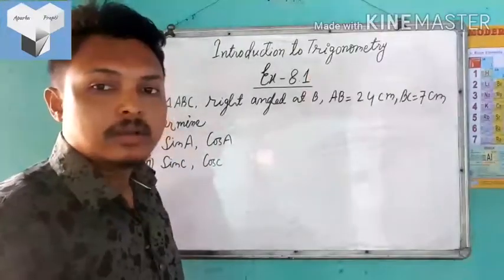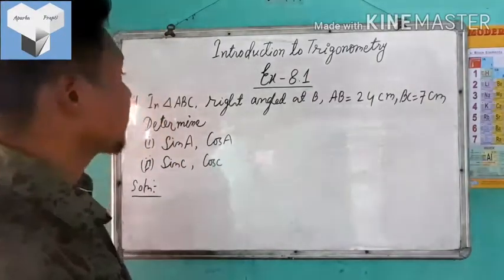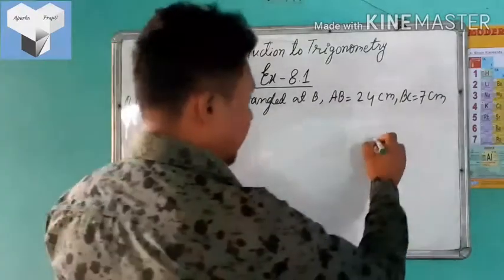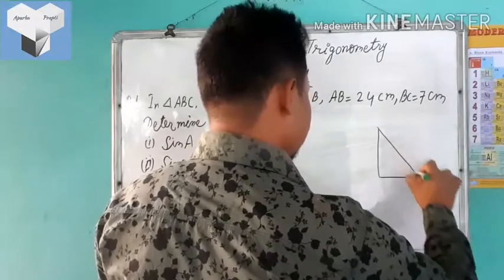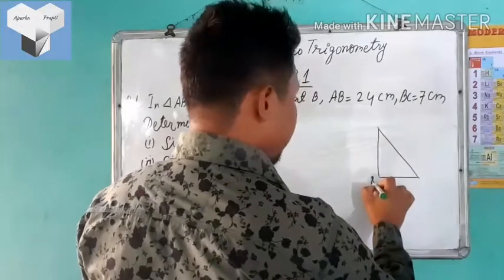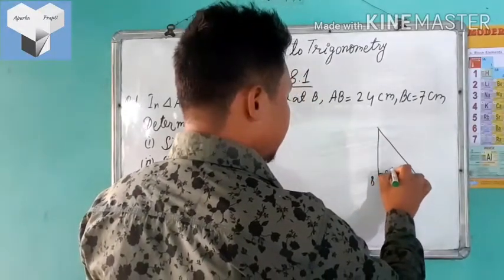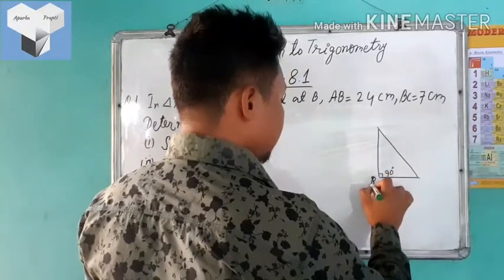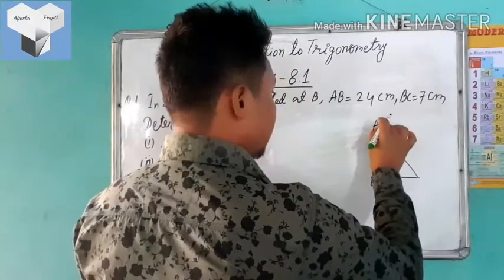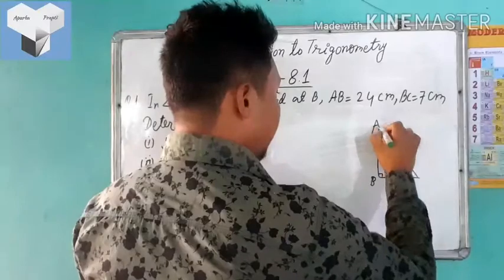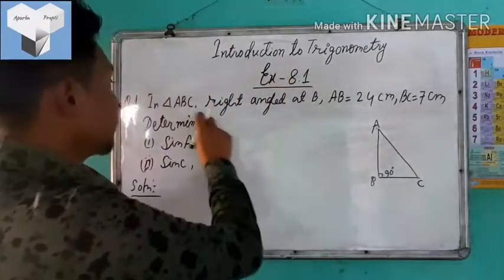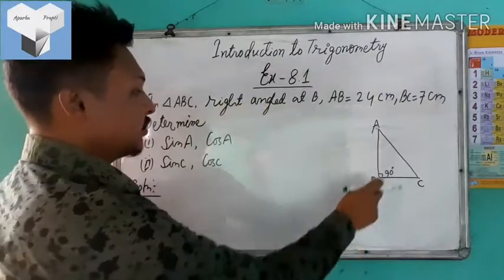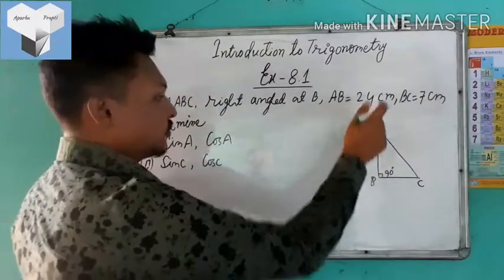Okay. For this we need to draw a right angle triangle, and B should be the right angle here like this. And let the other points be A and C. So according to our question, B is the right angle and AB is 24 centimeter.